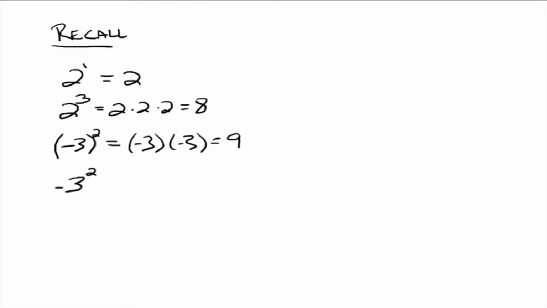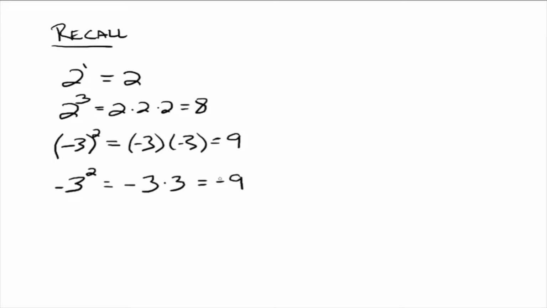But this bottom one down here says that the base for the exponent 2 is just the number 3. So the 3 is what's being multiplied together twice, and this negative sign is just out in front. And so all of that gives us a -9. Because remember, this means the opposite of 3 squared, and 3 squared is 9.